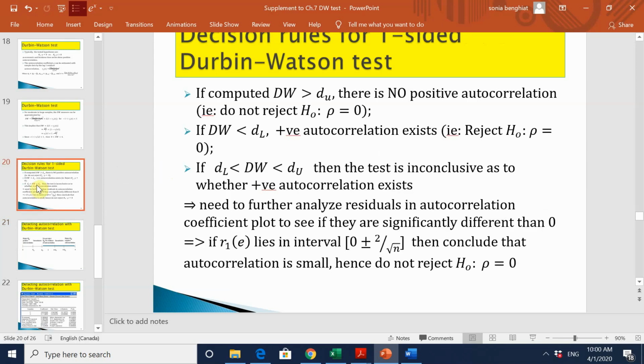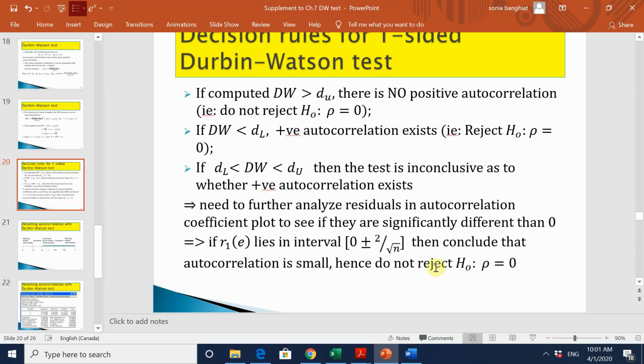Another interesting thing that I just want to point out is that when you need to further analyze the residuals, keep in mind, of course, that if the sample correlation coefficient lies in the interval between 0 and plus or minus 2 over the square root of your sample size, then you conclude that the autocorrelation here is too small to be statistically significant.